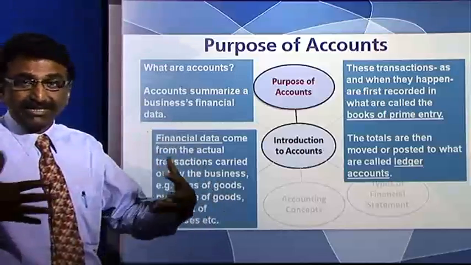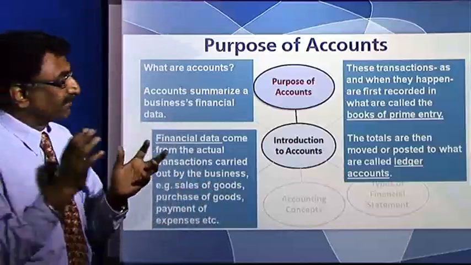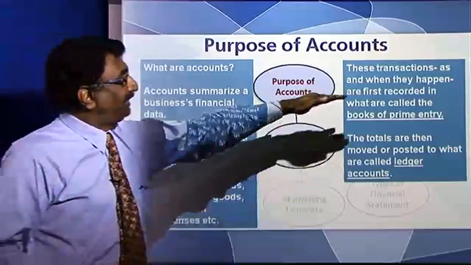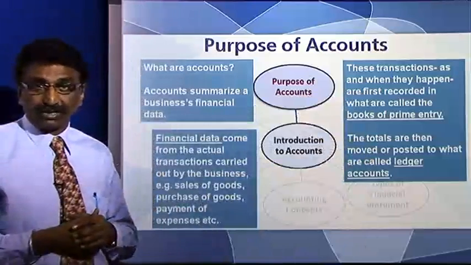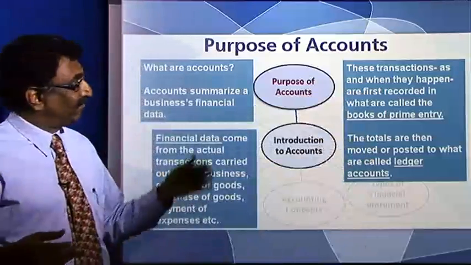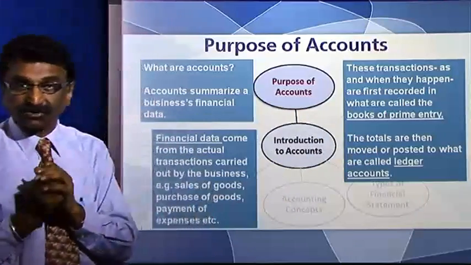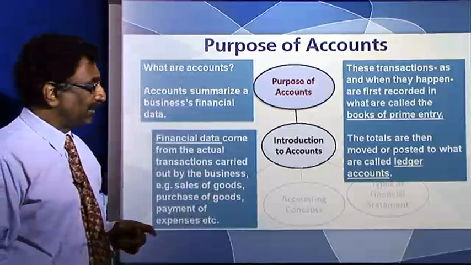These all need to be brought into a centralized place, and that is where the so-called ledger accounts come into play. All these details, as we go along, we will see in much more depth, and understand what the books of prime entry are, what the ledger accounts mean, and how these work in an accounting environment.